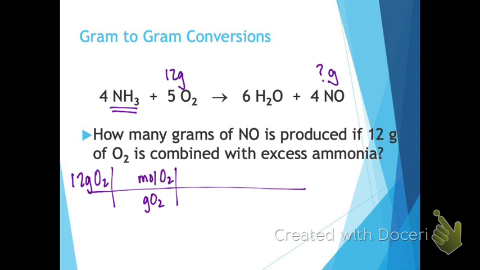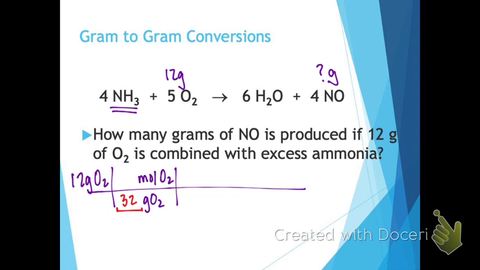Now, do you guys prefer to fill in the numbers as you go, or do you rather fill in the numbers at the end? I have to do it as I go. As you go. Okay, so let's just go through that process too, okay? If I'm going to fill in the numbers as I go, I know the molar mass of oxygen gas has to go there. The molar mass of O2, which would be 32, right?